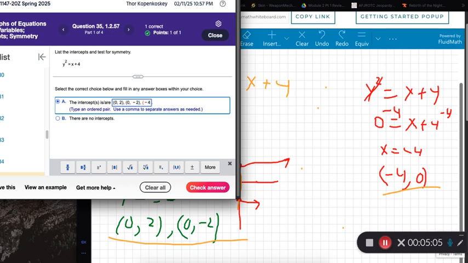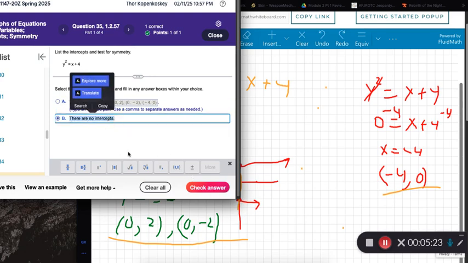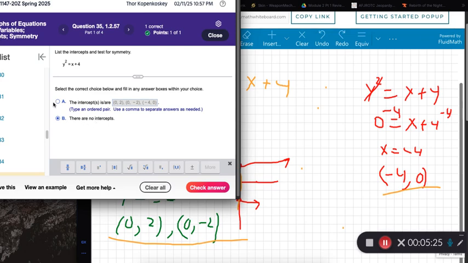I haven't found the order of the pairs to be important quite yet, though. But you want to make sure there's a space between the numbers and after the pairs, and use the comma. The only time there would be no intercepts is if you had an asymptote or something, but we do not.